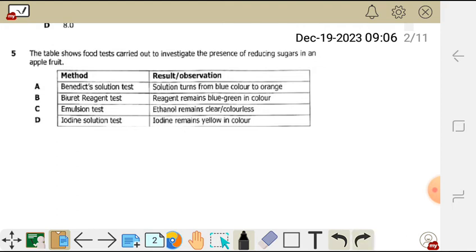So we have the method this side and results or observation at the other side. Okay, so A, the method is Benedict's solution, and the result or observation is the solution turns from blue color to orange.